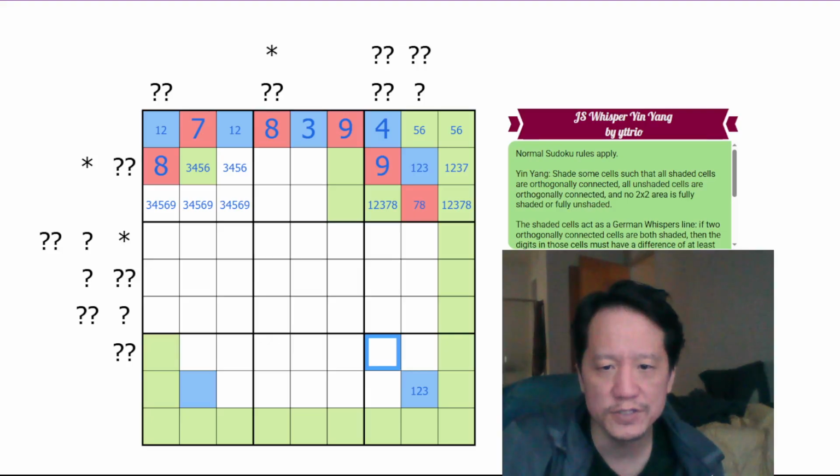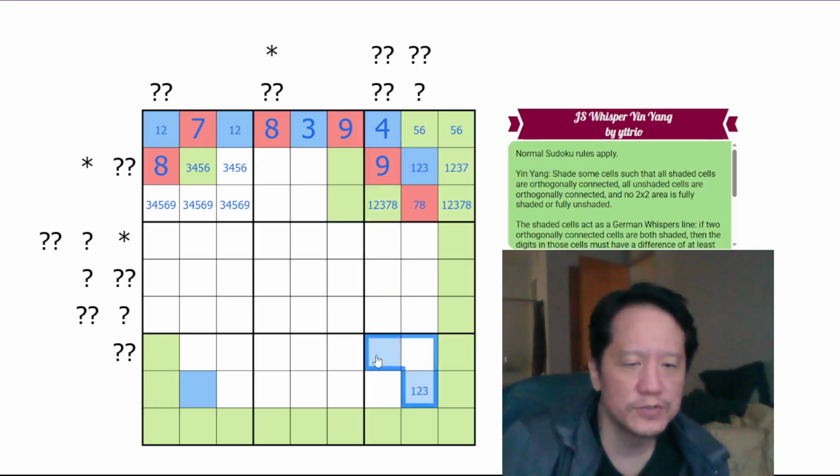So either way, this is definitely unshaded. And it has to be a 2-digit number. So it can't go 3 there and then turn. It has to go 2 and then turn, or this way and then turn, because this is 2 digits at least.